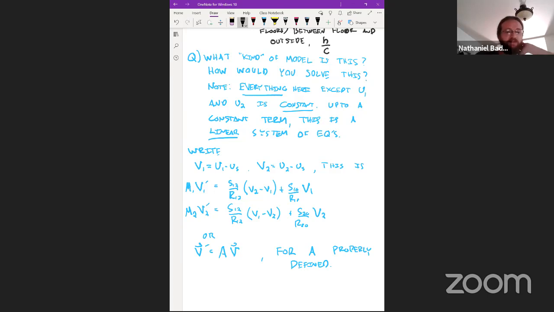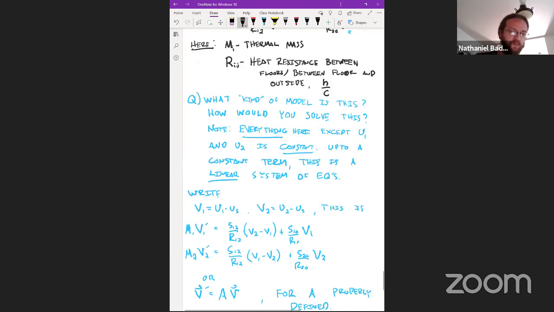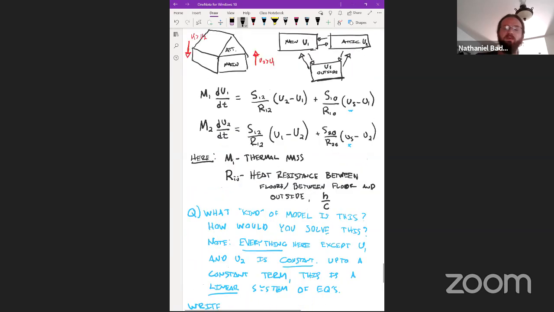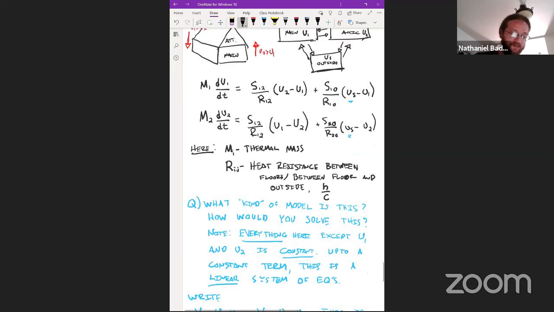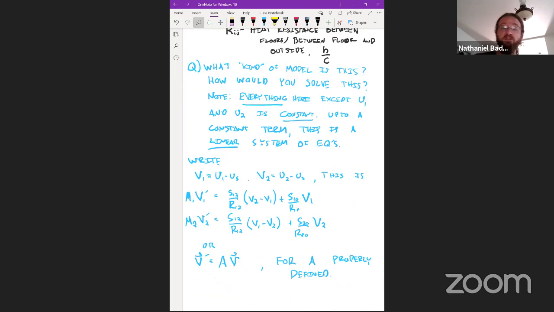So this means something particularly nice, right? What this means is that we can actually solve these things out. So this is quite a general thermal model that we've written here, right? We started with some outside, we've got some inside rooms, and we're just connecting them. We write this nice system of equations. It turns out that we can write this as a matrix equation.